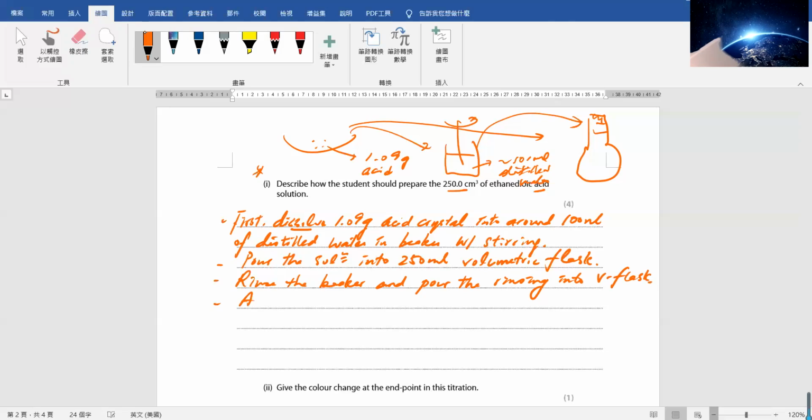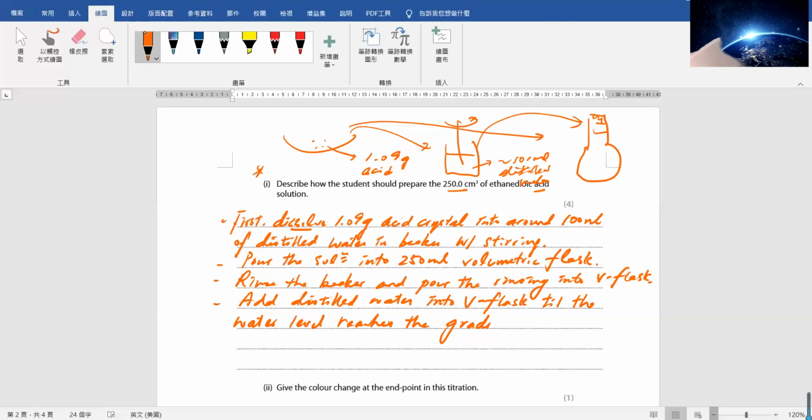Then add distilled water into the volumetric flask. In the exam, of course, you have to spell it out. Don't just write "vol flask". Add distilled water into volumetric flask till the water level reaches the graduation mark.